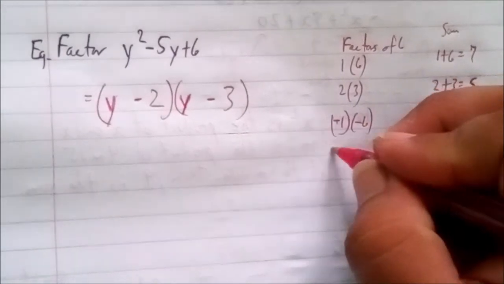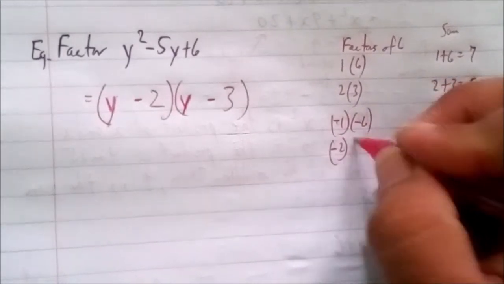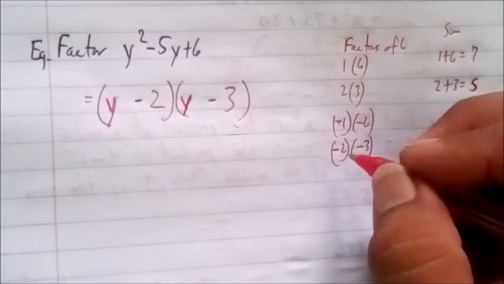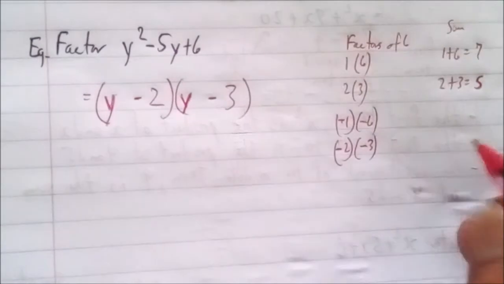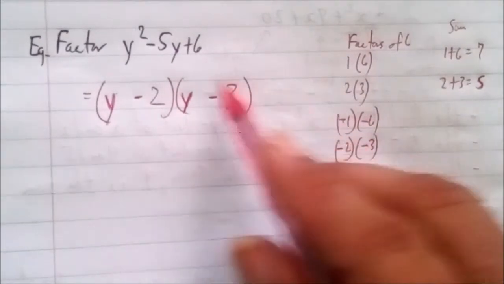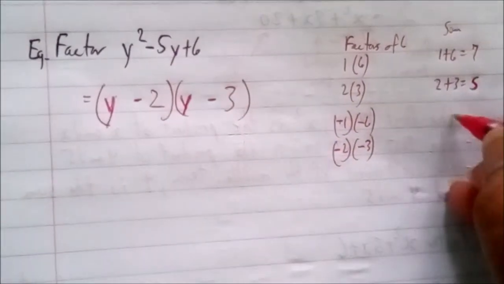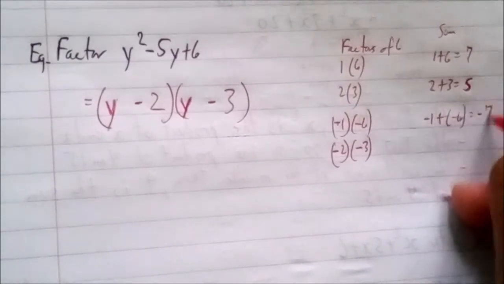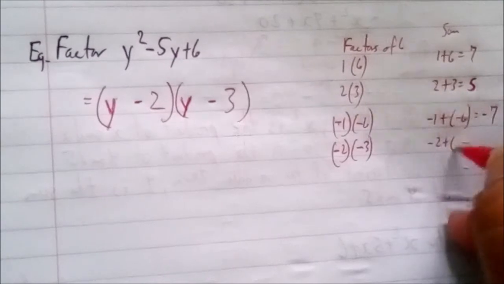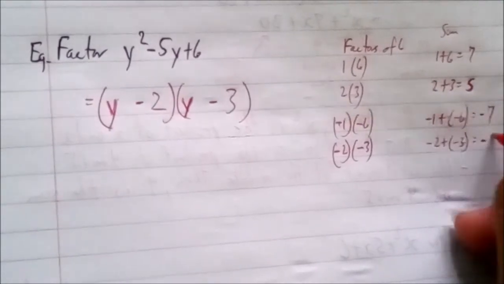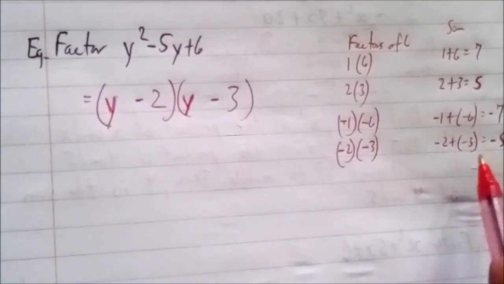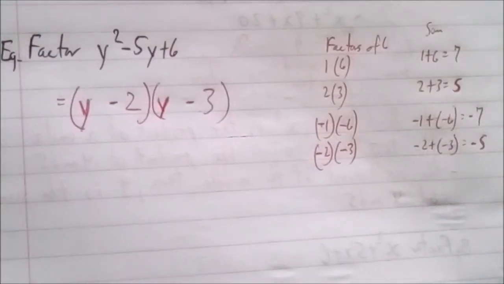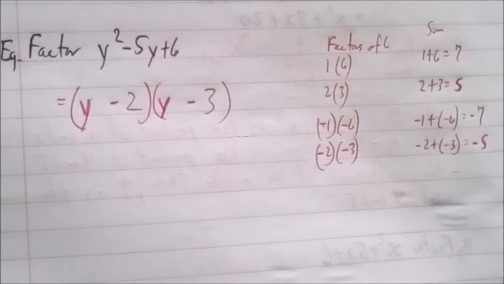If we say negative 2 times negative 3, we end up with a positive 6 still yet. Okay, so those are combinations. Now, which one of them when combined will give us a negative 5? Well, negative 1 plus a negative 6 will give us a negative 7. Negative 2 plus a negative 3 will give us a negative 5. So therefore, that is our best option there, right? So that should not be that difficult for us to work out.